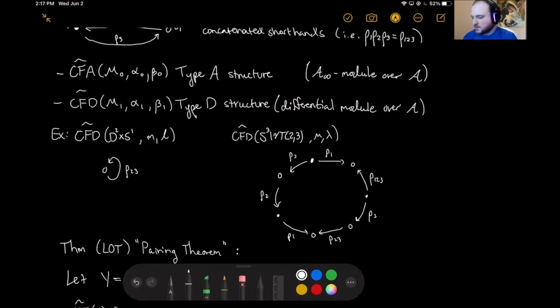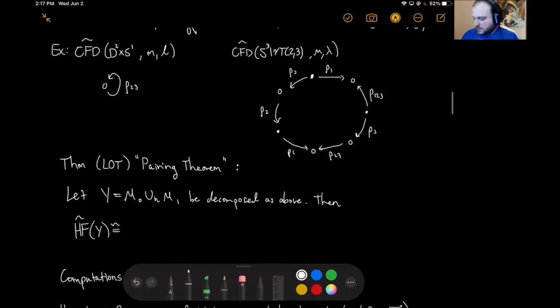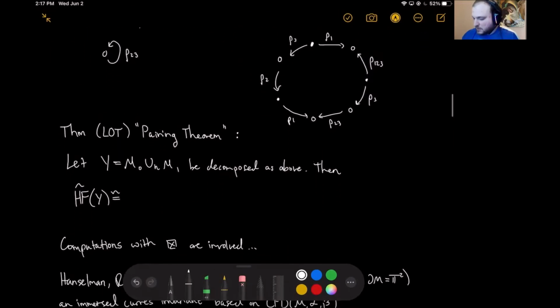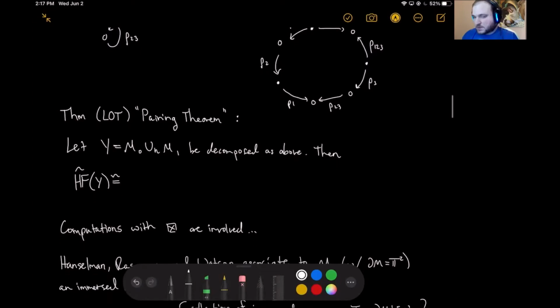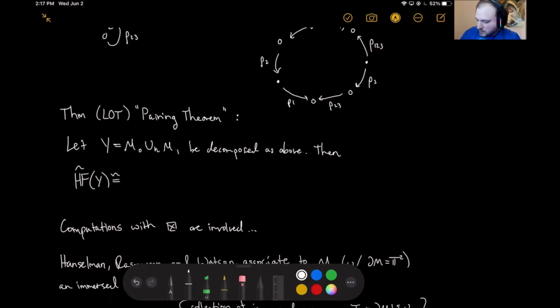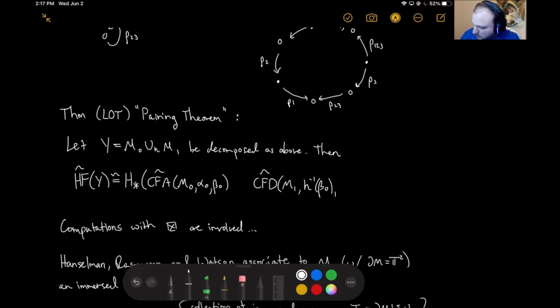Right, so why introduce these structures? This is due to the Lipshitz-Ozsvath-Thurston pairing theorem, which says that if we have Y decomposed the way we had it before, then the Floer homology for Y can be recovered by taking the type A structure for one component, the type D structure for the other half, where here the gluing map sees some play with the boundary parameterization.